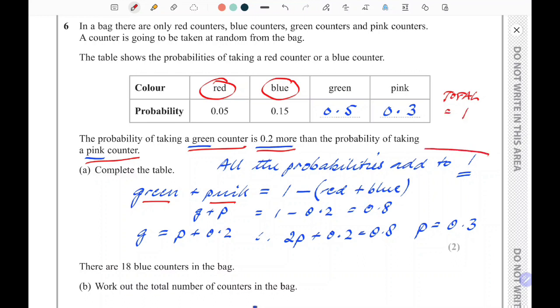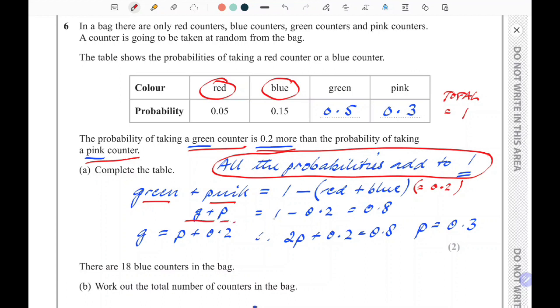So all probabilities in a given event must add up to 1. So if we know the red and the blue, then the green and the pink together must be 1 take away whatever there is for the red and the blue. All right. The red and the blue together equals 0.2. And therefore green plus pink must be 1 minus 0.2, and that's 0.8.